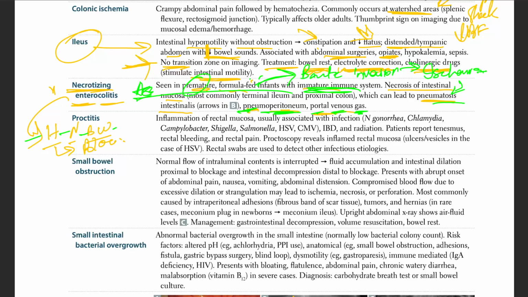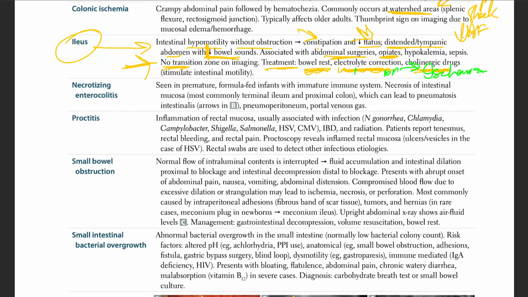Other signs and symptoms are abdominal distension because of all that gas. Bowel obstruction can also occur, secondary to fibrosis, as the inflammation is subsiding. Okay, so that's pretty much all for necrotizing enterocolitis.